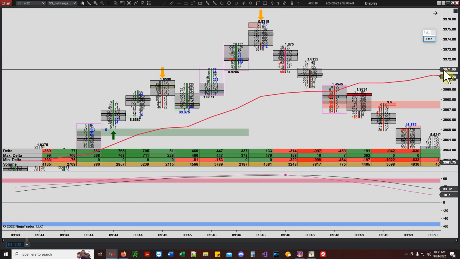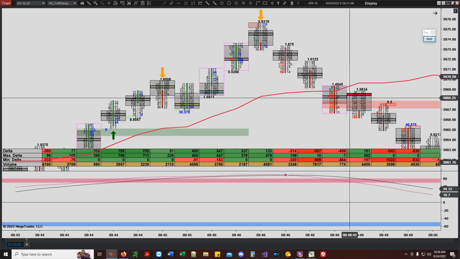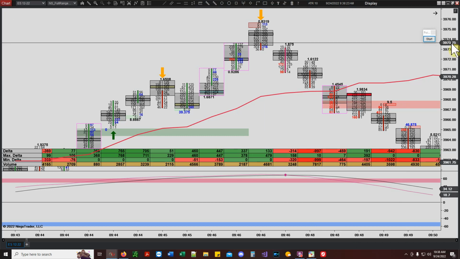The footprint that Futures Analytica uses, you have to be a little bit more advanced to understand why that guy, I cannot think of his name, the one who runs Futures Analytica, is getting in and out of the market. It's not that Polarity ATI does not work. He understands looking at the delta, the max delta, the min delta, the volume, stacked imbalances, inverse stack imbalances.